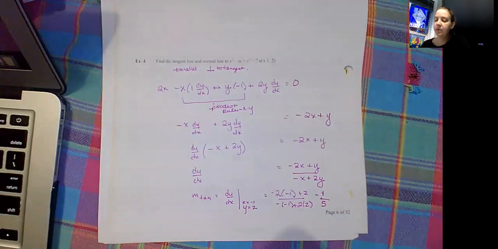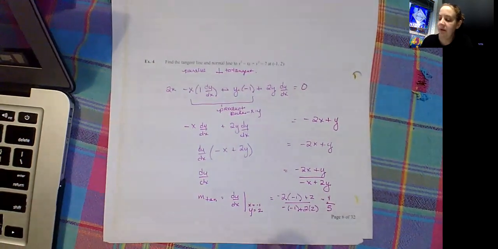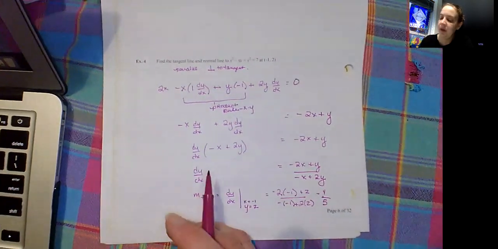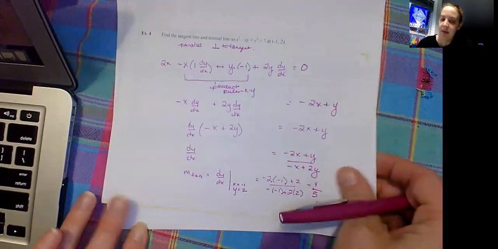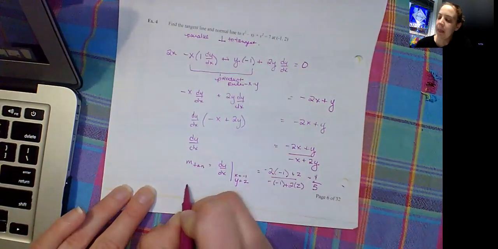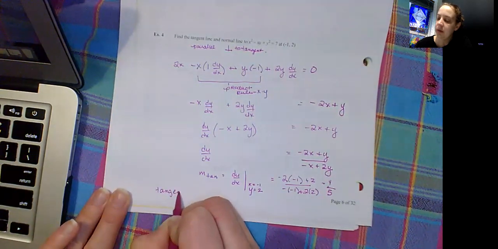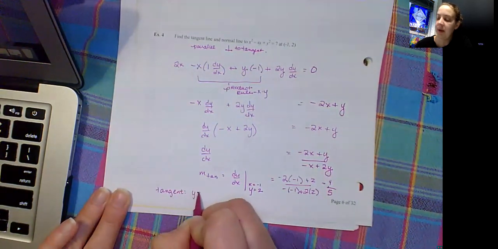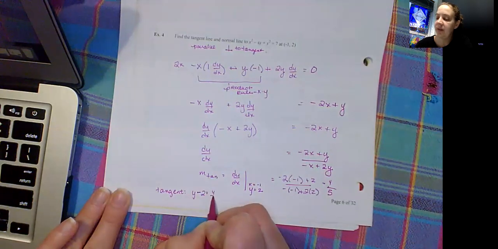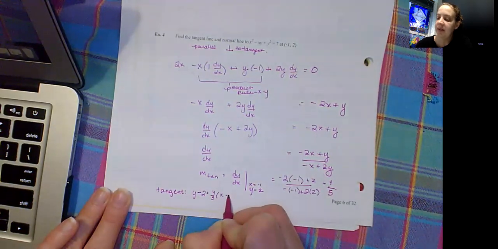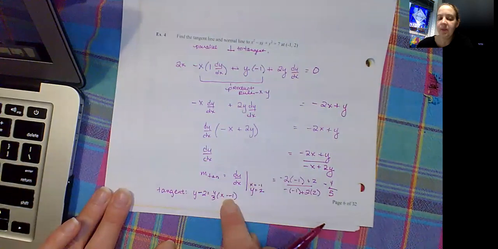So in class, I'd said point slope form is completely acceptable. Let's keep that up because that's easier. So tangent line is going to be y minus 2 is equal to 4/5 x minus a -1. So this would really be x plus 1.